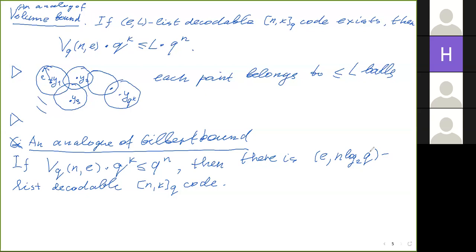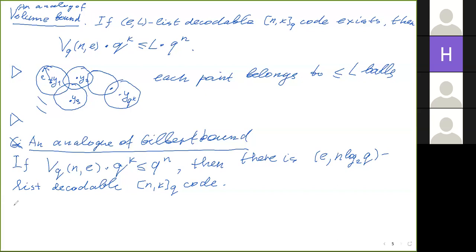Our goal is actually to output a small list, and the list here is indeed small. So from a little bit stronger condition than the necessary one, we can derive the existence of a list decodable code for small list size.